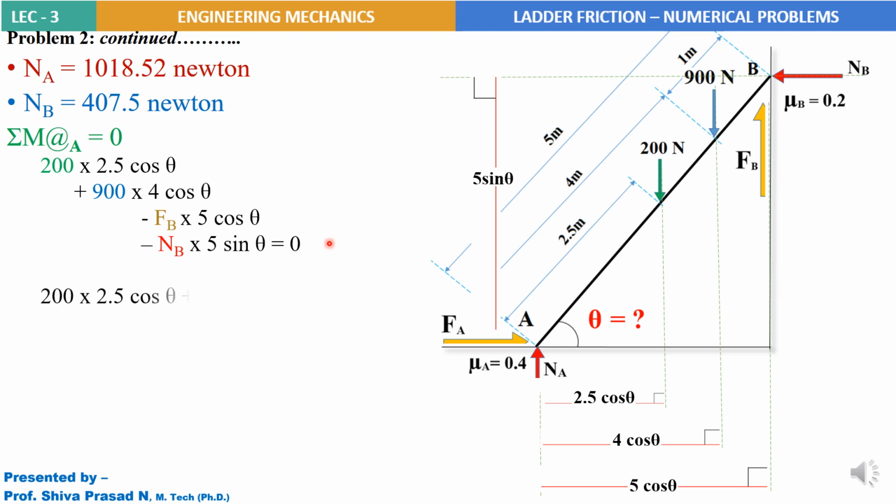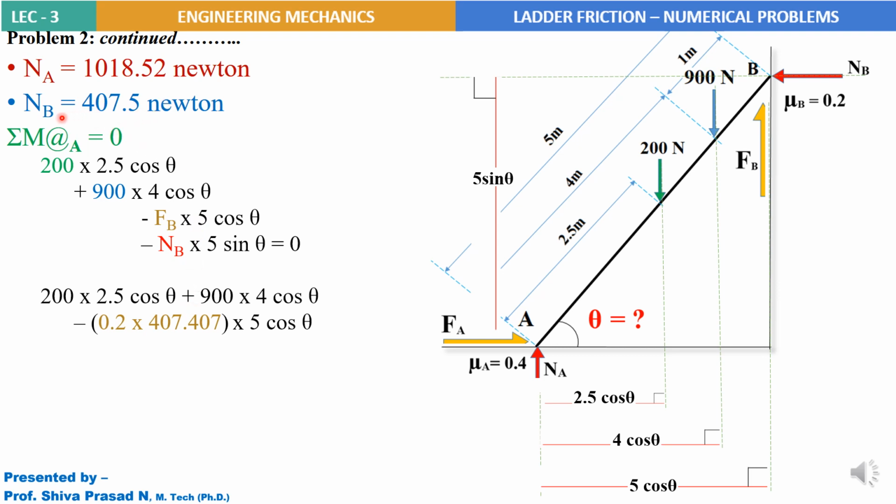So let me try to simplify this equation by substituting for FB, limiting friction. So mu times NB, that is 0.2 here, FB is equal to mu into NB. So 0.2 into 407. 407 is the value of NB we have already found.